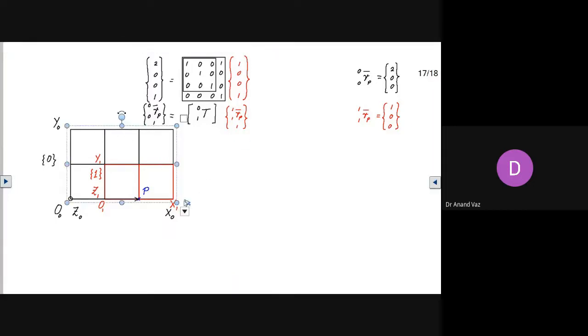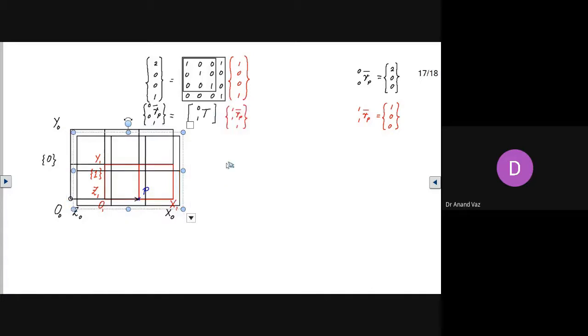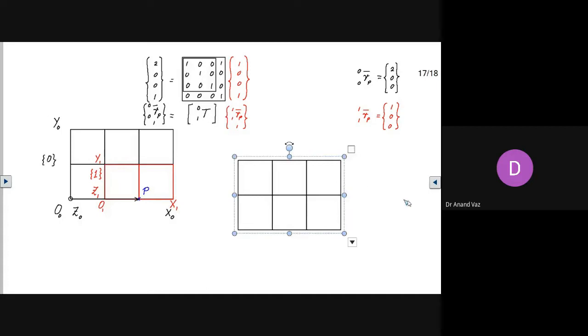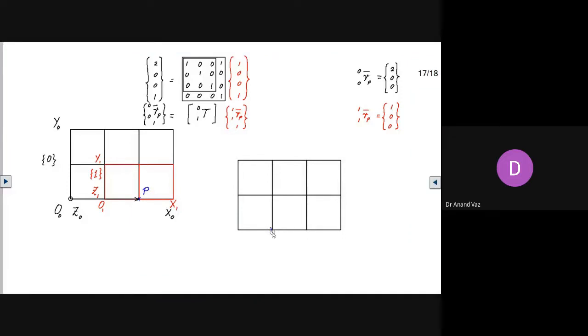So the first way in which you can see this is you can consider as if this point P, which was lying here at a location of 1, 0, 0, has now been translated.